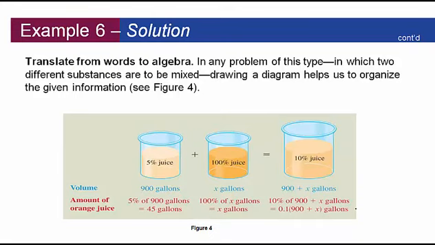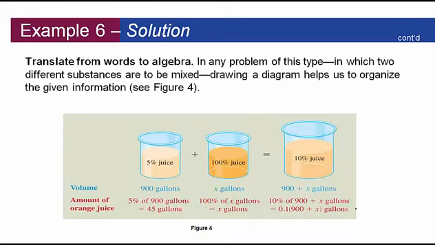So in the original mixture, if it was 5% juice, then out of those 900 gallons, we take 5% of that, there were 45 gallons of pure orange juice. Now, when we add pure orange juice to it, that means we're adding all X gallons of pure orange juice, right? 100% of X is just X. So in the end, we will have 45 plus X gallons of orange juice in our mixture.